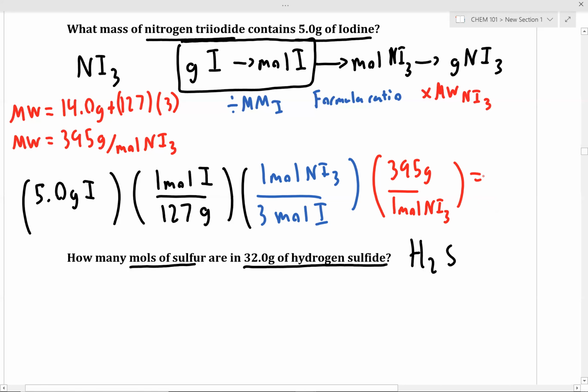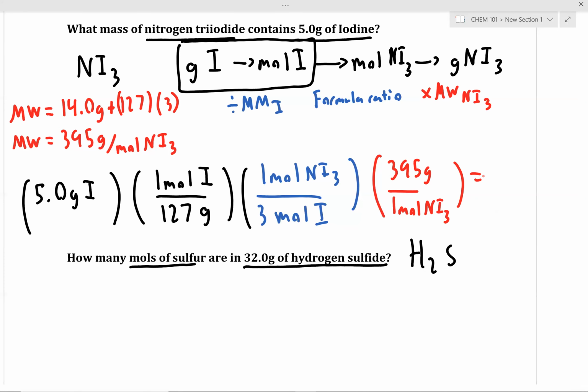And if we punch this into our calculator, we have 5 divided by 127 divided by 3 times 395. And that gives us a final output of approximately 5.2 grams. Why am I rounding this to 5.2? How many sig figs does our input have? 2.